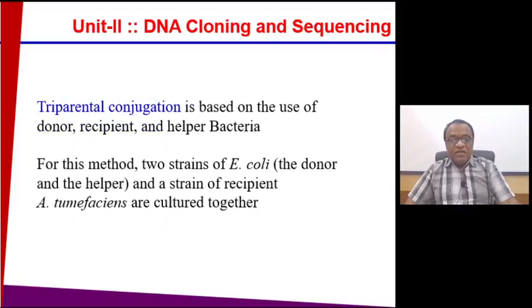The triparental conjugation is based on the use of donor, recipient, and helper bacteria.